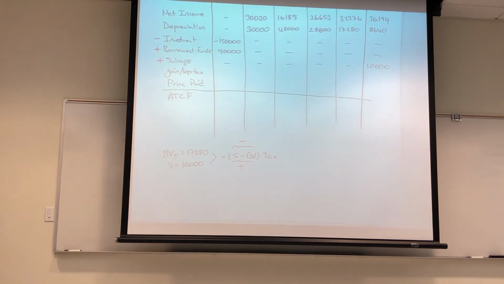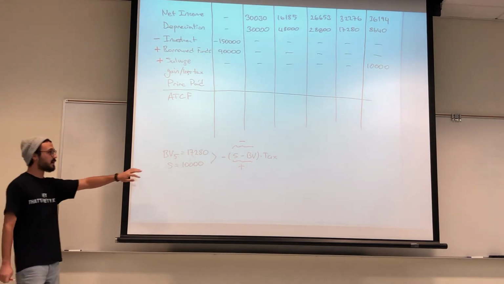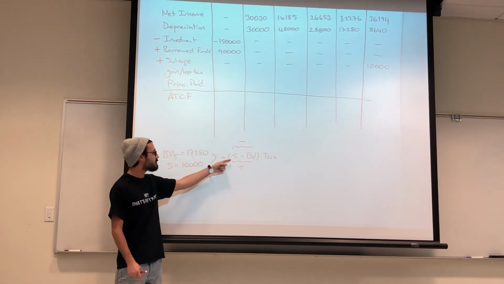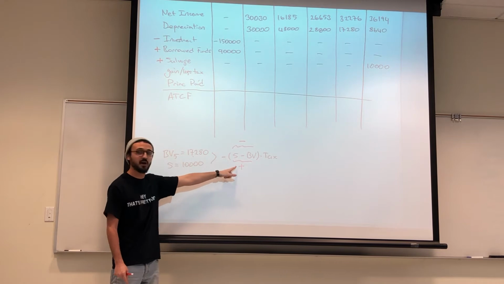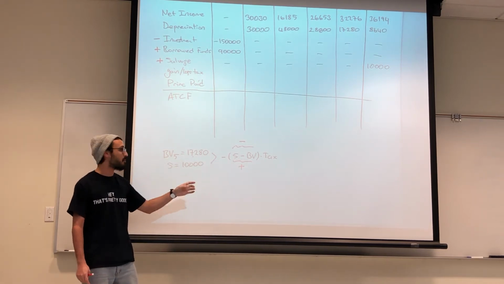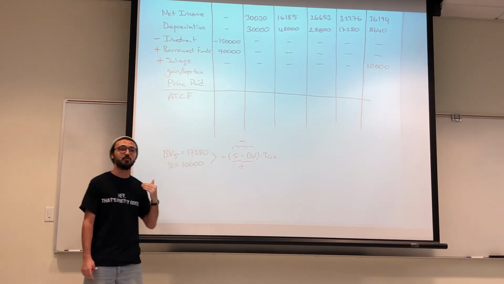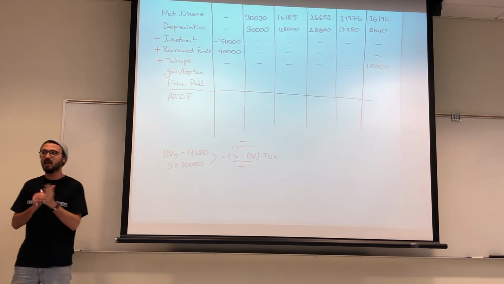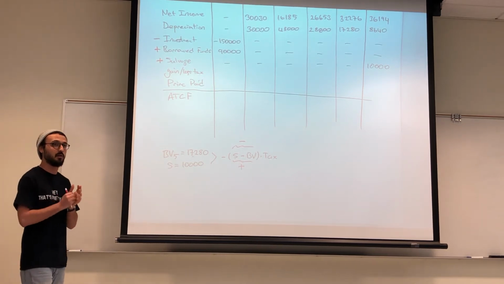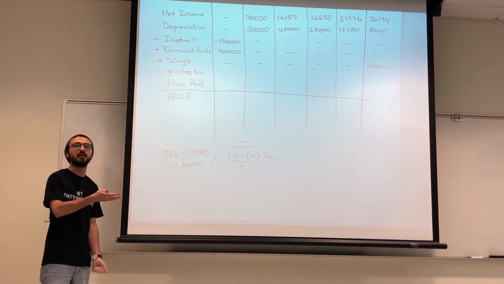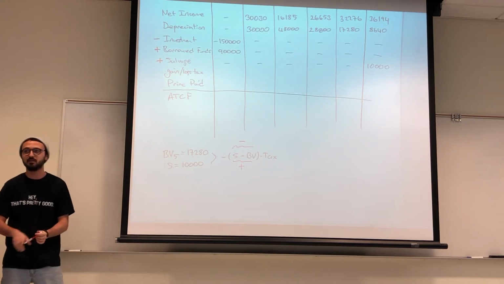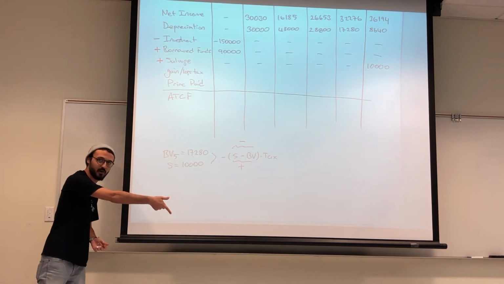Okay, let's move on. There are two ways it can happen. Salvage value is greater than book value, so we get a positive thing. If you remember, if salvage is greater than the book value, it means we made a gain. We sold it for more than its worth. So we need to pay taxes, and paying taxes means that we take the money out of our pocket.